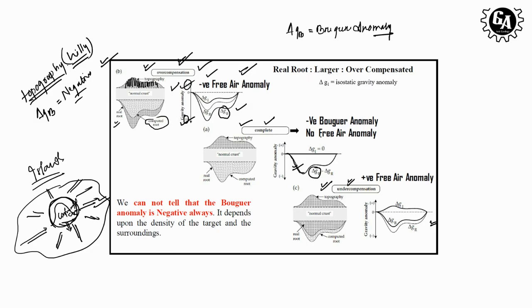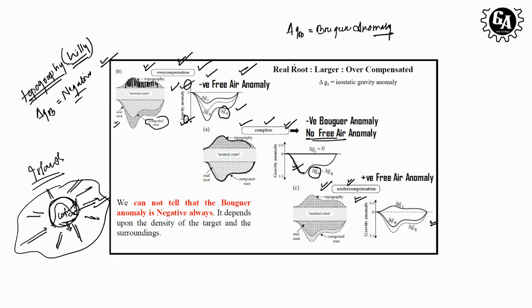Here, if it is fully compensated, then there will be no free-air anomaly, because the real root and the compensated root will be the same, and the topography will be represented accordingly. And if it is undercompensated, then that will be associated with a free-air anomaly.